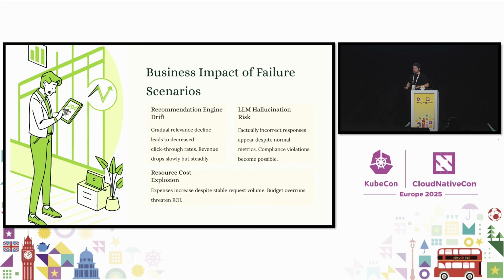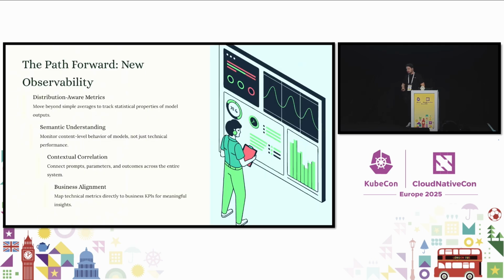And I think this was the most voted item: you might experience a cost explosion. So what is the path forward for the new observability? Distribution-aware metrics, semantic understanding, contextual correlation, and business alignment.